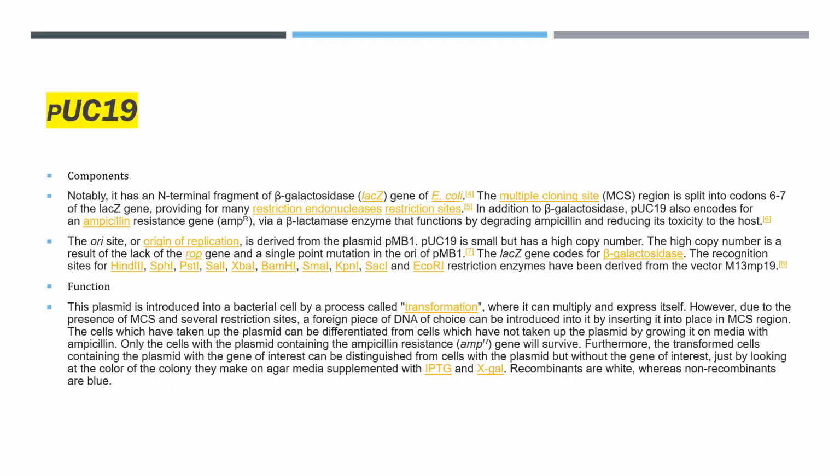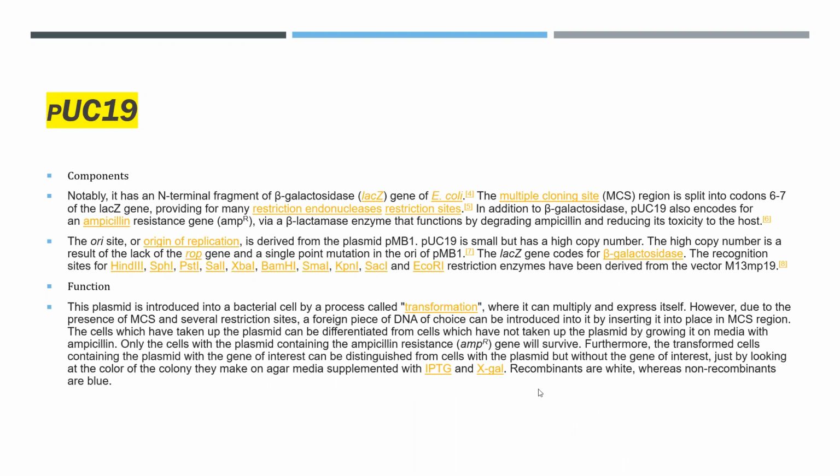Let me explain a little more about pUC19, because it is very important. If you mix IPTG and X-gal with agar medium, the resultant outcome must be white colored colonies, but not blue colored colonies.